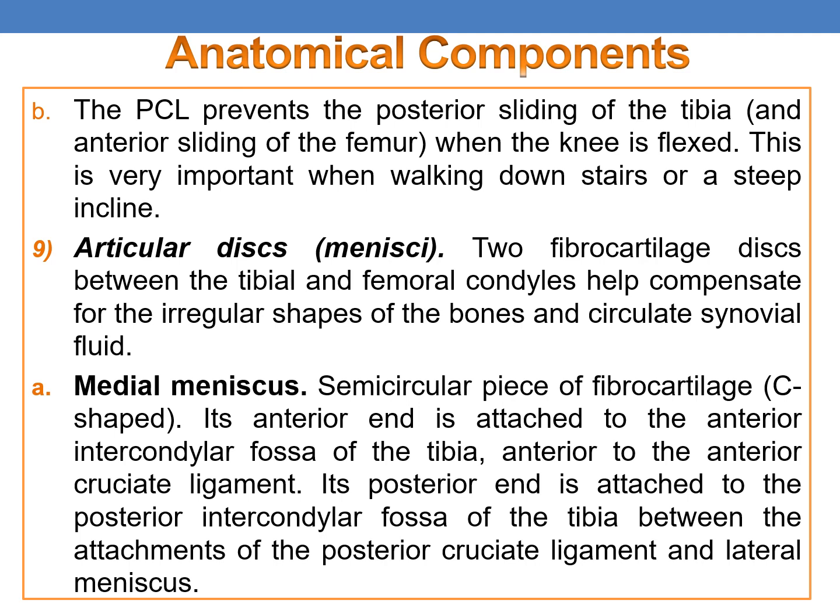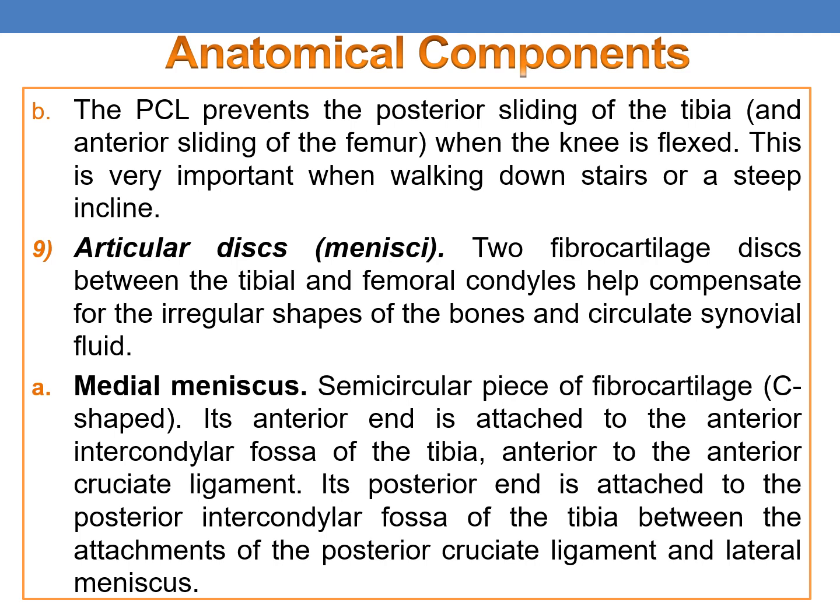Now, these menisci, the articular discs, are divided into various types. The first one is the medial meniscus. Meniscus is nothing but articular discs. These are the two fibrocartilage discs between the tibia and femoral condyle that help compensate for the irregular shape of the bone and circulate the synovial fluid.